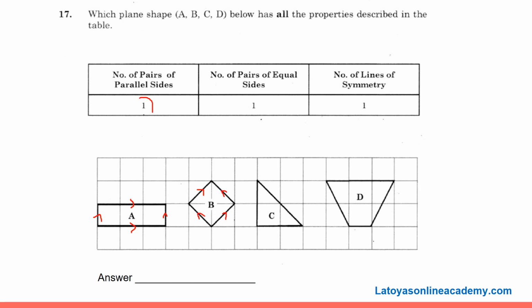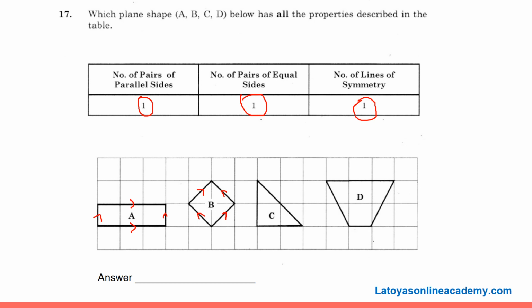But what we're looking for is one pair of parallel sides, one pair of equal sides, and one line of symmetry. If we look at shape C, we would see that we have no parallel lines in a right angle triangle. If we look at shape D, we have one pair of parallel sides, that's what they wanted.